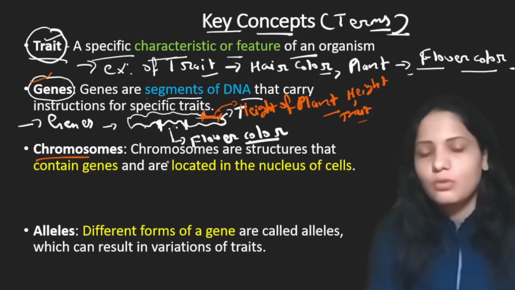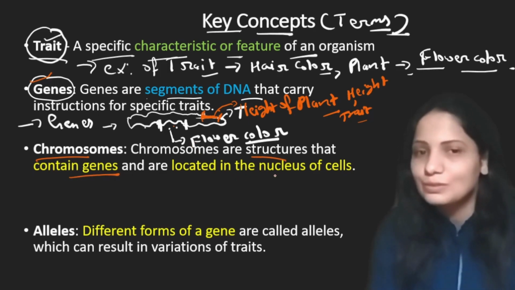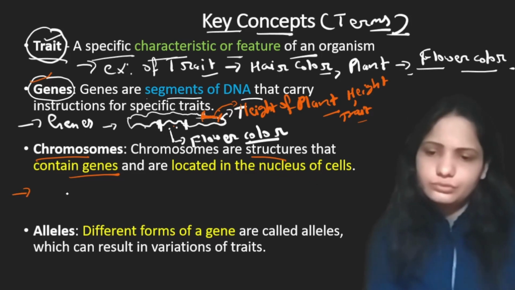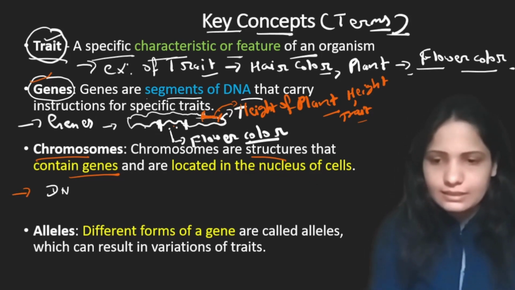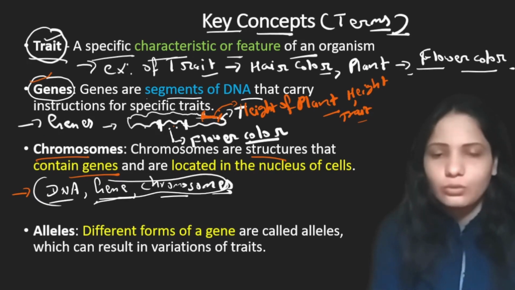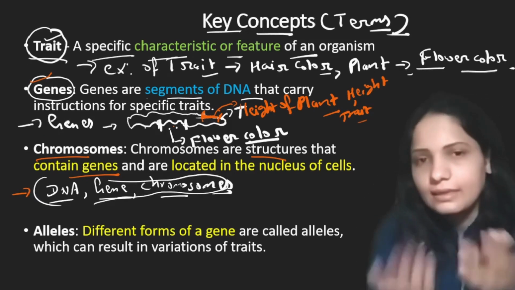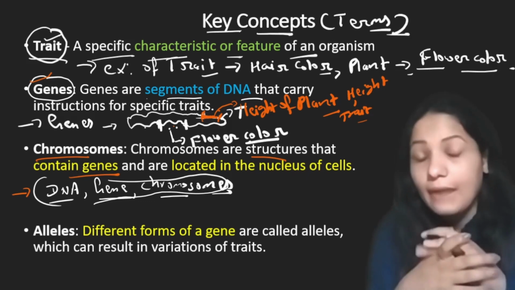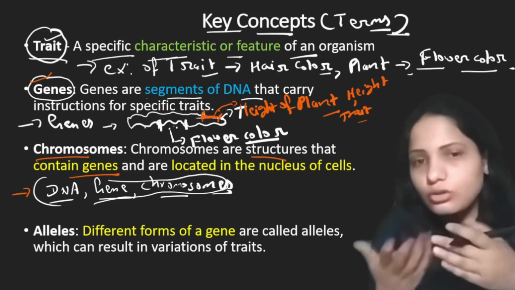Here we have this chromosome. What are chromosomes? Chromosomes are structures that contain genes and are located in the nucleus of the cell. There are a few things: we have DNA, gene, chromosomes. These are DNA only. When I say DNA, you understand DNA. And when I say gene, a gene is also DNA.